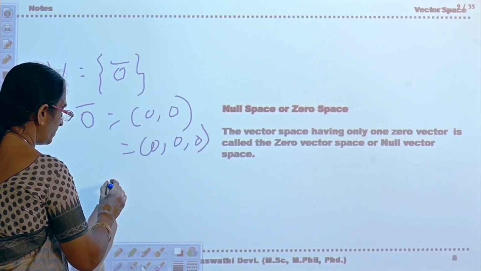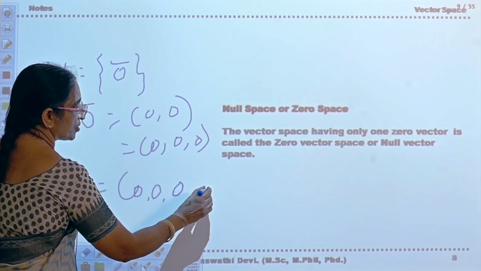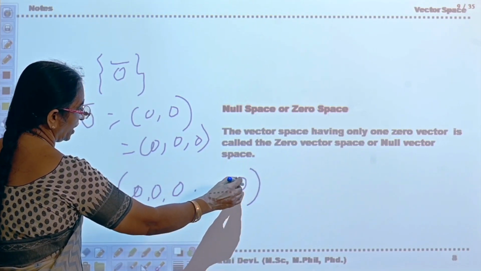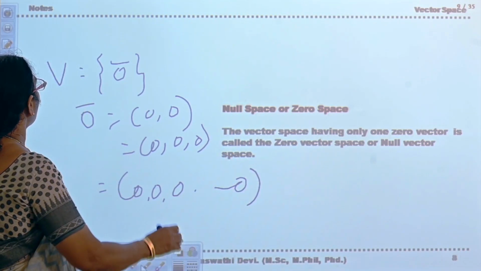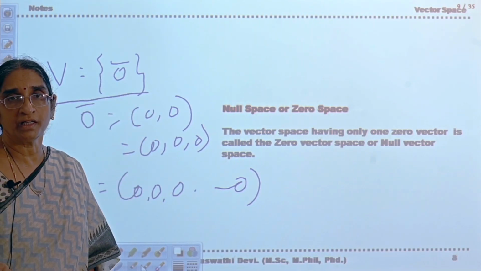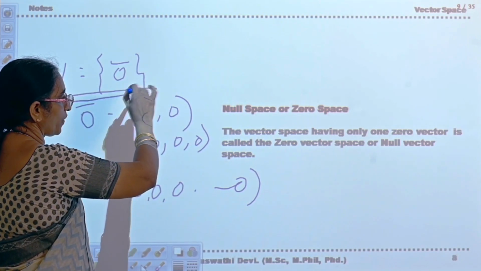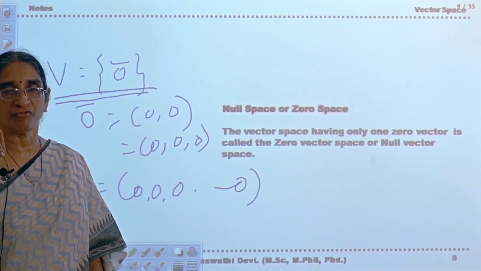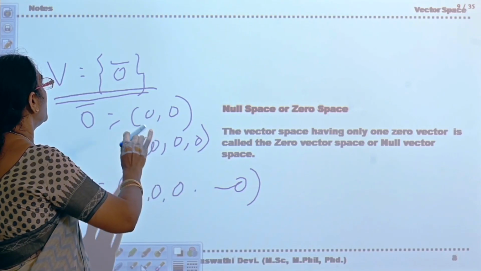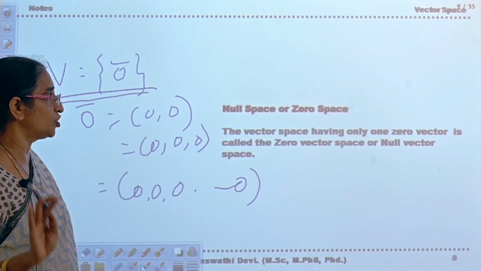If it is n-dimensional, it will be equal to (0, 0 and so on, 0), n times. Now, if V contains this vector only, with respect to ordinary addition and multiplication, this set will satisfy all the properties of vector space. Therefore, it is said to be a null space or zero space.